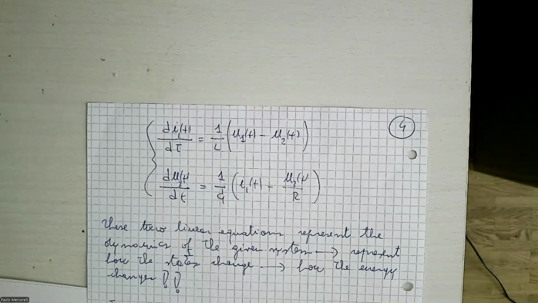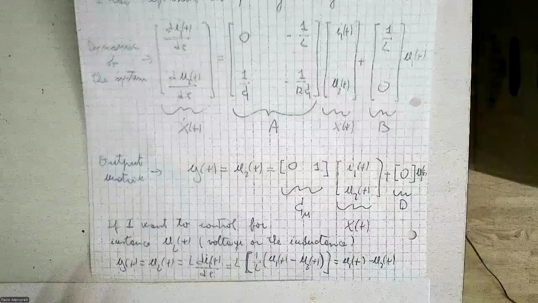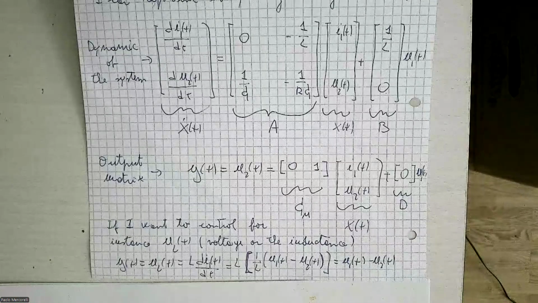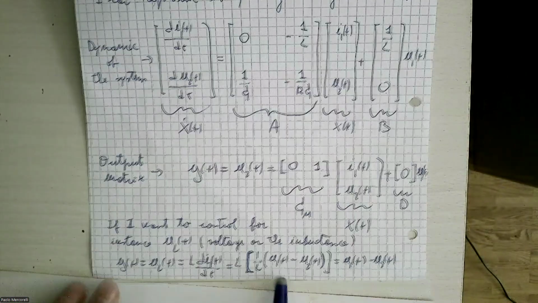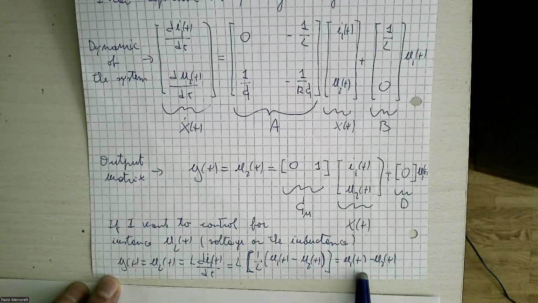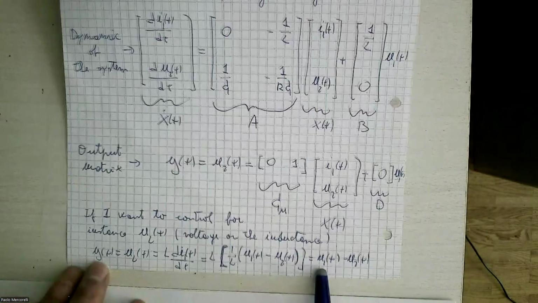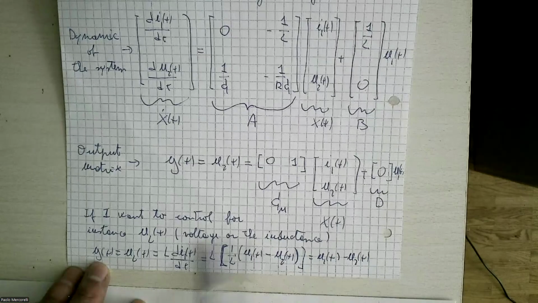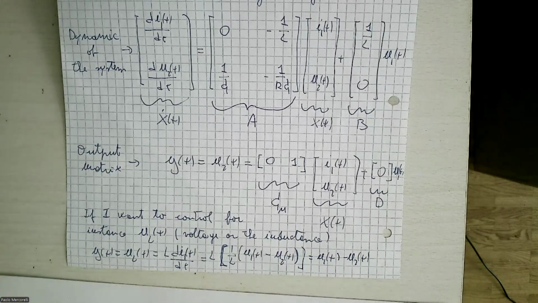The model represents how the system works, or at least ideally, or at least with some hypothesis. Anyway, if I plug in here the equation of the model, it's easy to see that at the end I have that UL is U1 minus U2, if you do these calculations. Look.